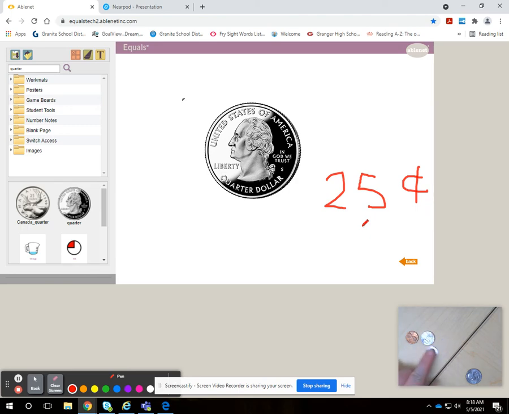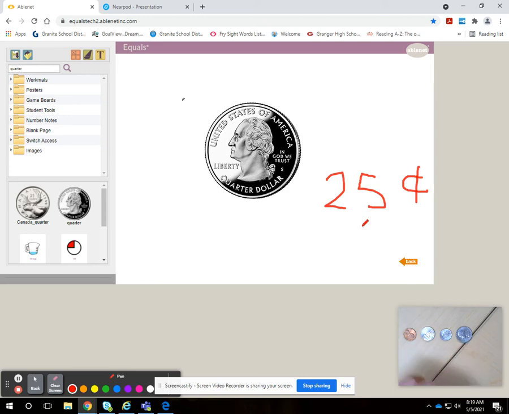The dime is smaller than the nickel. That's weird. It's weird, right? Because it's worth more money. This one is worth 10 cents, where the nickel's only worth 5 cents. Okay. And then our biggest coin is going to be the quarter. The quarter is worth 25 cents. Okay. So we have penny, nickel, dime, and quarter.